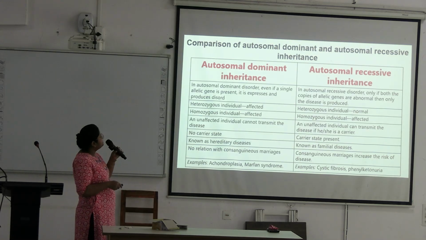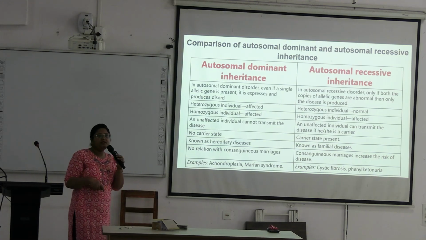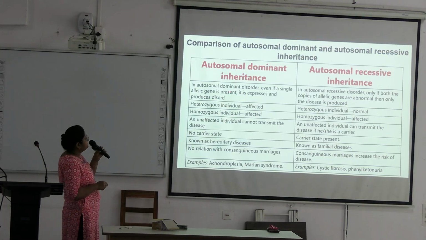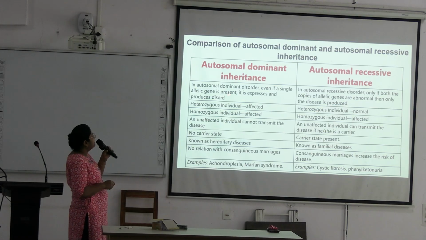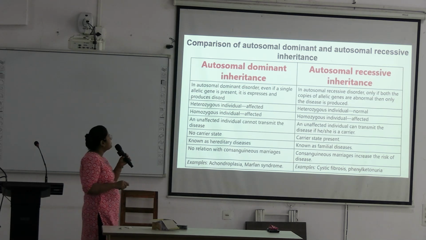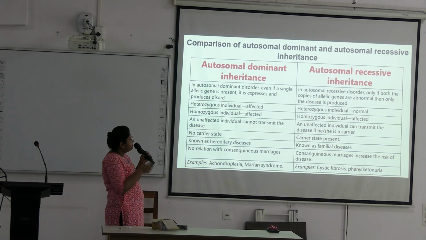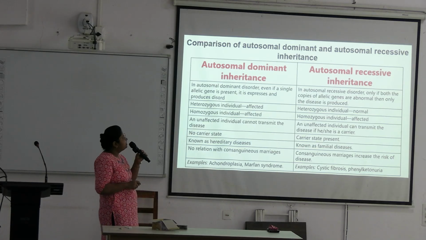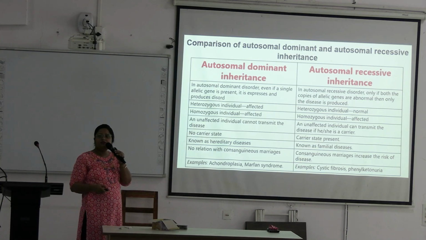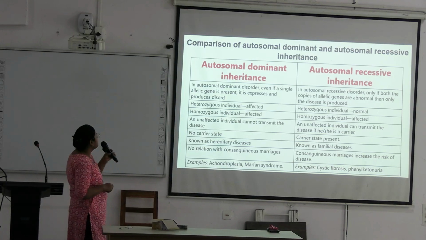What is the difference between autosomal dominant inheritance and recessive inheritance? In autosomal dominant disorder, even if a single allelic gene is present, it is expressed and produces the disorder. In autosomal recessive disorder, only when both copies of the allelic genes are abnormal is the disease produced.